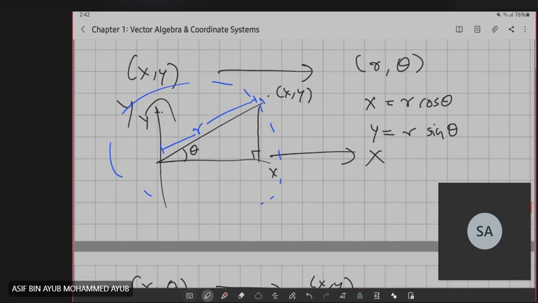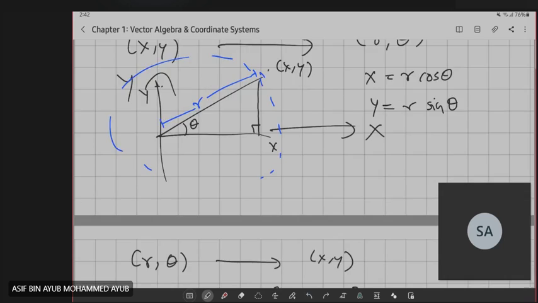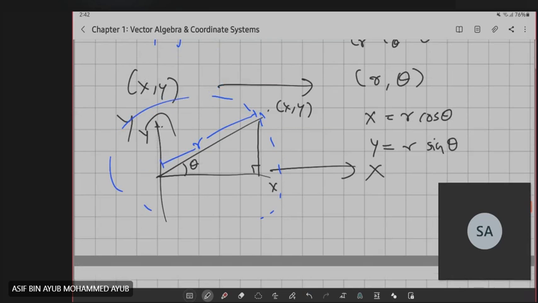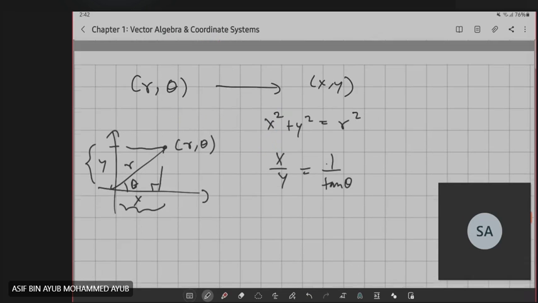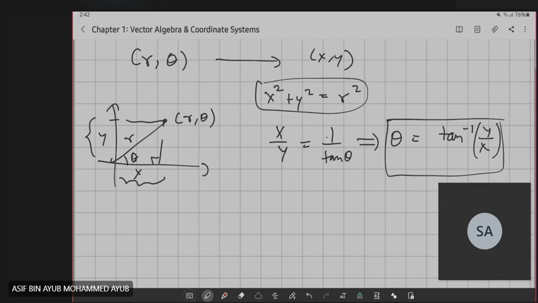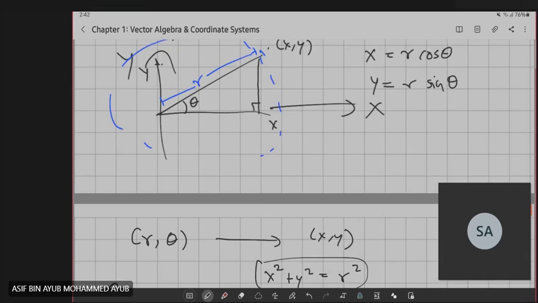And from before, if I divide these two equations, r and r cancel out, and the resulting equation is y over x equals tan theta. So you can find theta as tan inverse of y over x. This is how you move from xy to r theta.